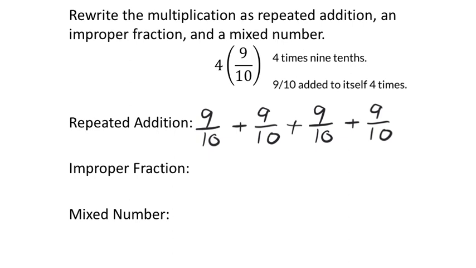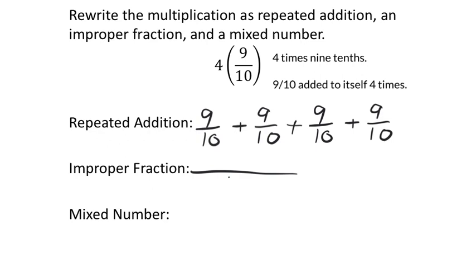Okay, so what does this look like as an improper fraction? I'm going to do a little work here, which is kind of front-loading the addition stuff. Remember the denominators in the fractions tell us the sizes of the pieces, right? So these are tenths, these are tenths, these are all tenths. There's 9 of them in each set.